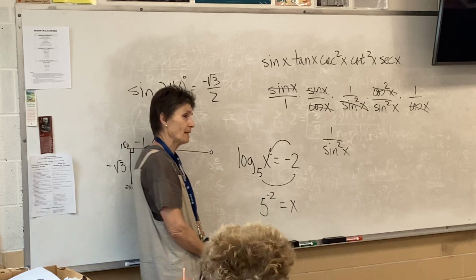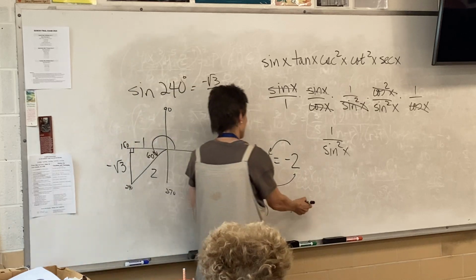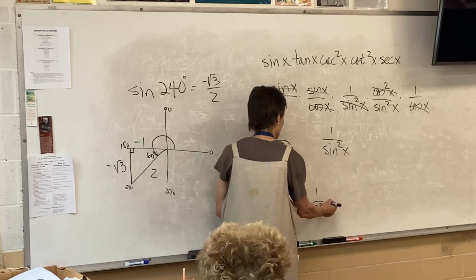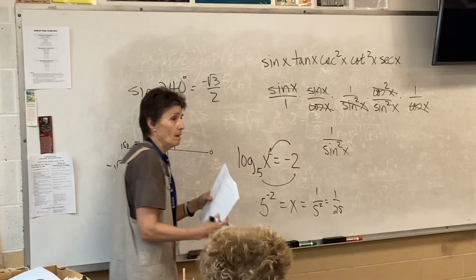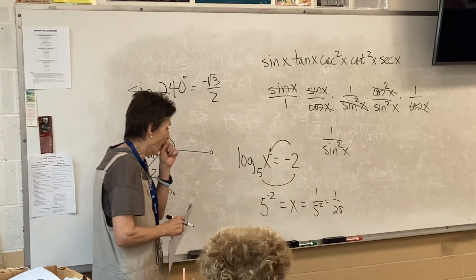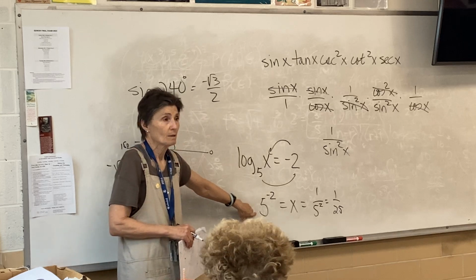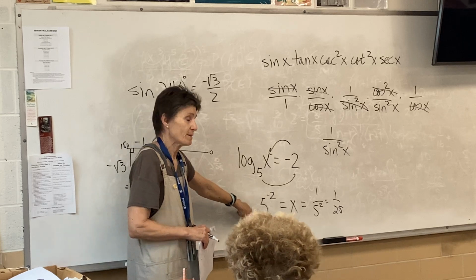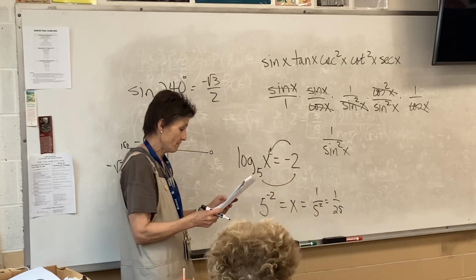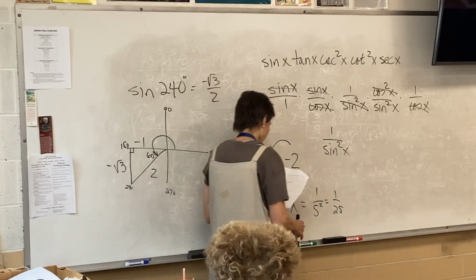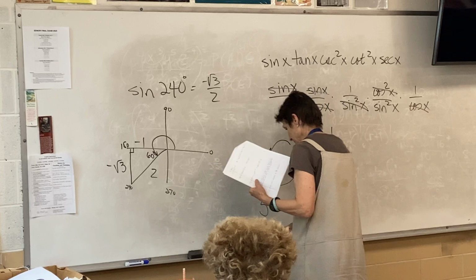No, fractional exponents are radicals. Negative exponents move. So this is 1 over 5 squared, which is 1 over 25. Now, what's going to happen on the test is if you stop here, you get half credit. But you've got to simplify everything. This is not simplified. 1 over 5 squared, 1/25.